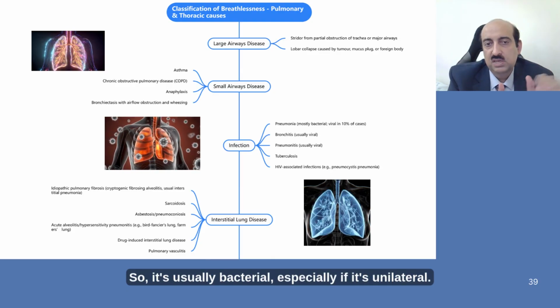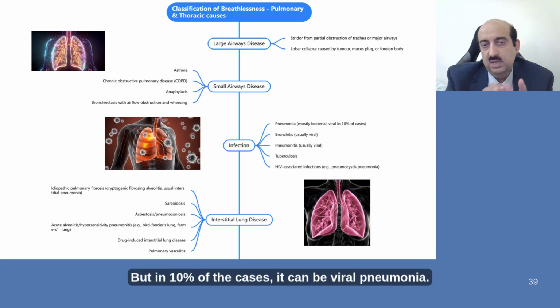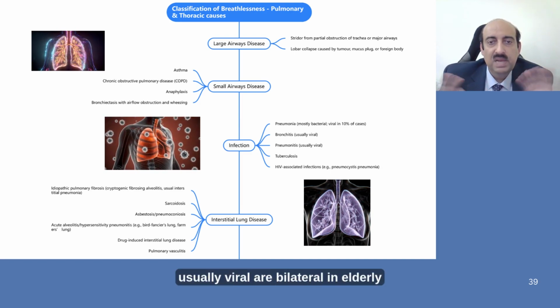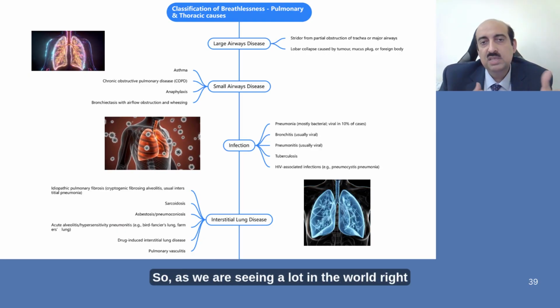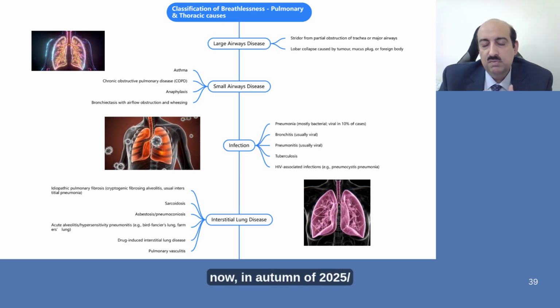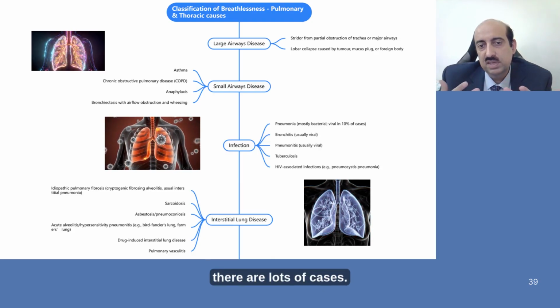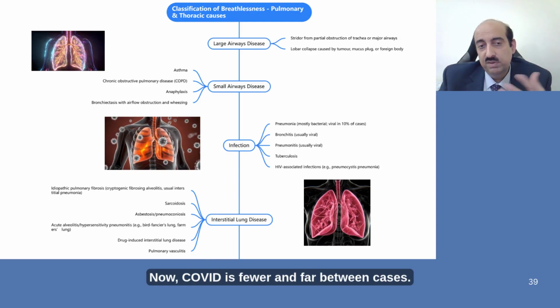It's usually bacterial, especially if it's unilateral, although bilateral can also be, but in 10% of the cases it can be viral pneumonias, and usually viral are bilateral in elderly, and even young patients can be affected. As we are seeing a lot in the world right now in autumn of 2025/January 2026, there are lots of cases of the post-COVID phase. Now COVID cases are few and far between.